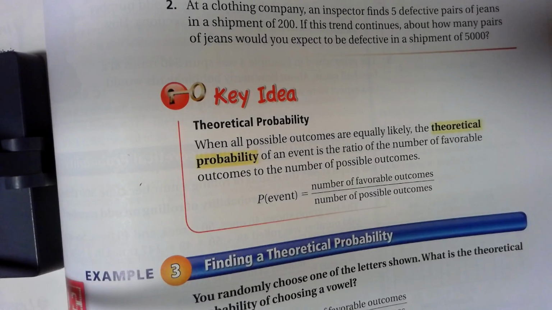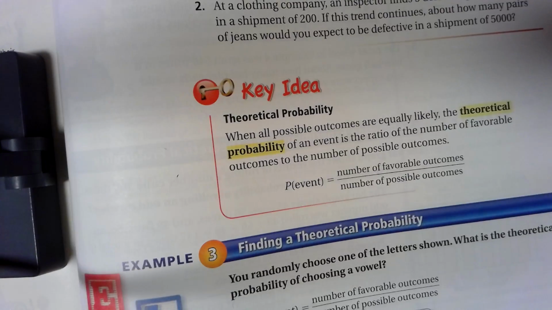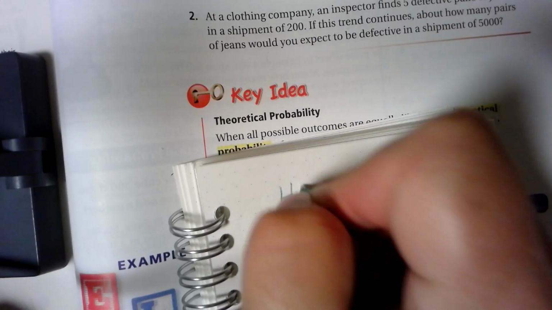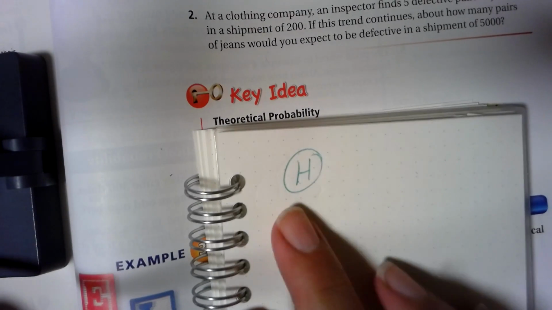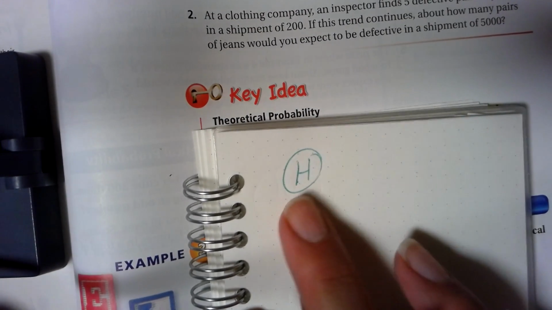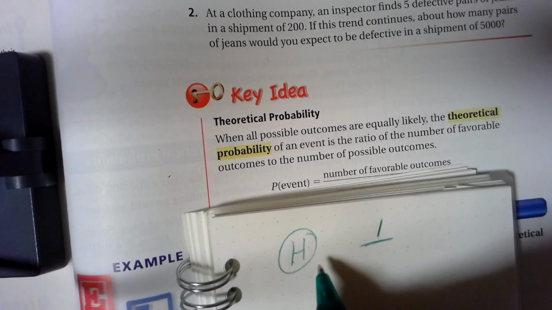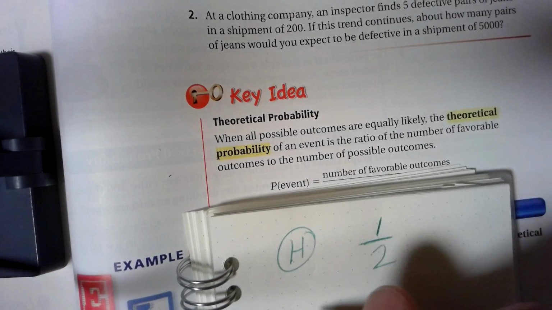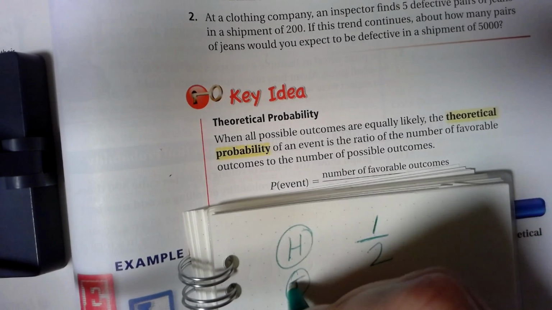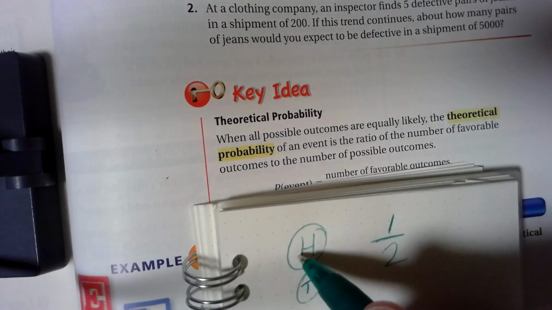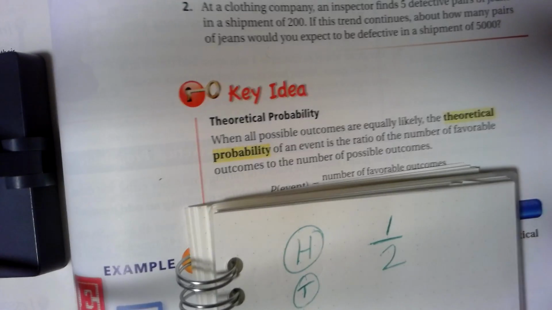If you flip it once or 10 times or 20 times, you should expect half of the time to get heads. If you want to get heads, that's your favorable outcome, only one out of two possible outcomes, because there's heads or tails on any coin. So that would be the theoretical probability of flipping a head or a tail.